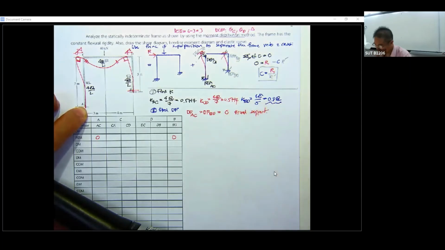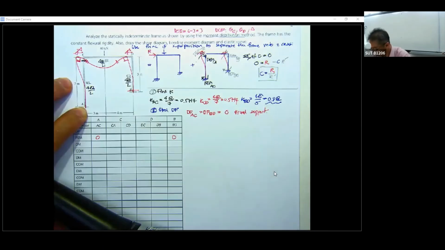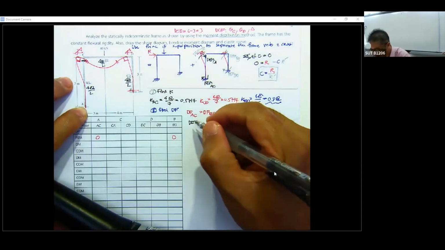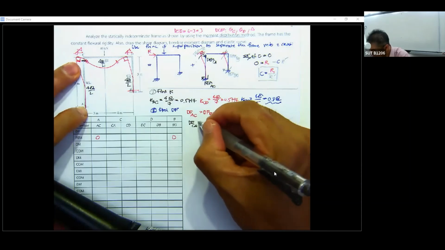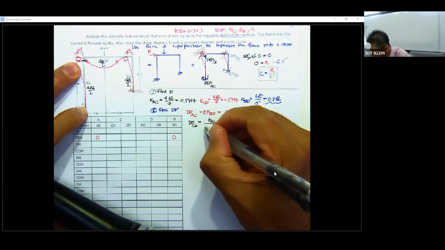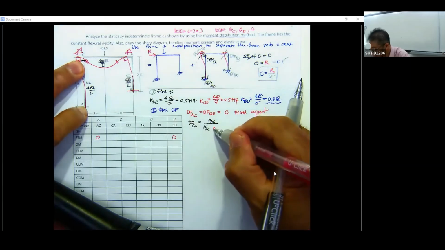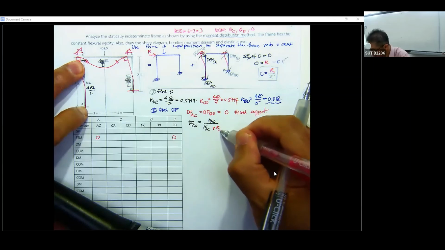Then the distribution factor for the other joints: for CA is going to be K sub AC divided by K sub AC plus K sub CD.